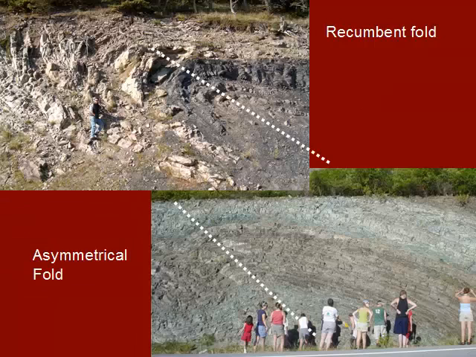And before I get into faults, I just want to mention with these folds, and you'll see this in your book really nicely, sometimes these rock units that have been folded are alternating layers of different types of rock. Some are really resistant to erosion, some are not.